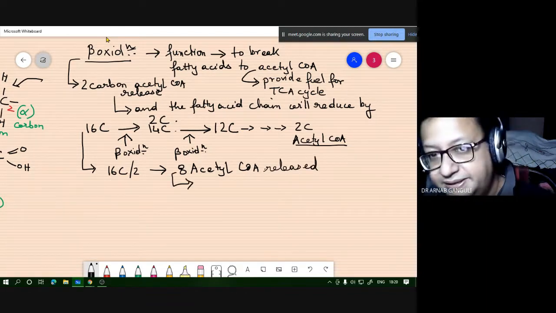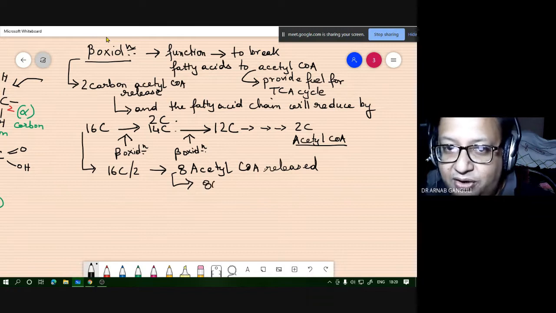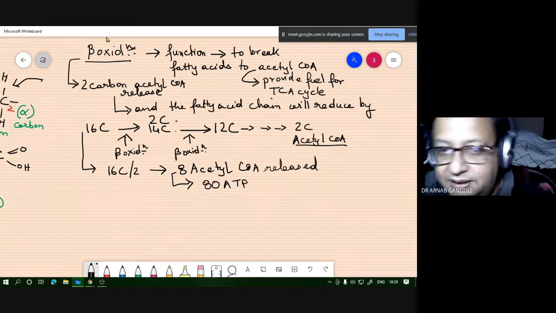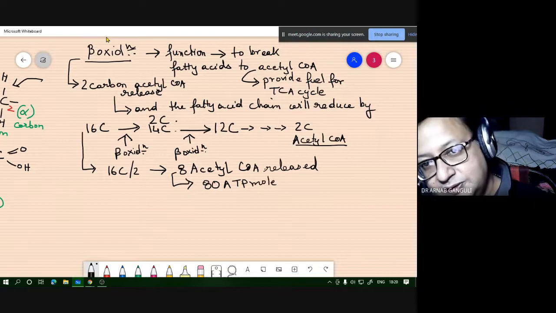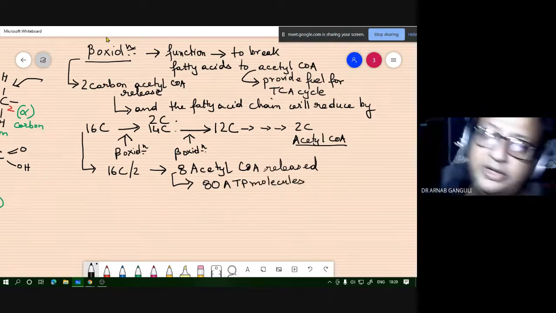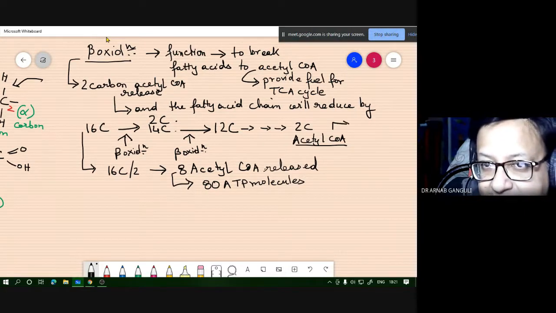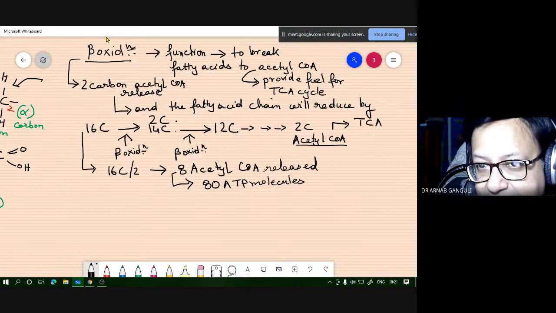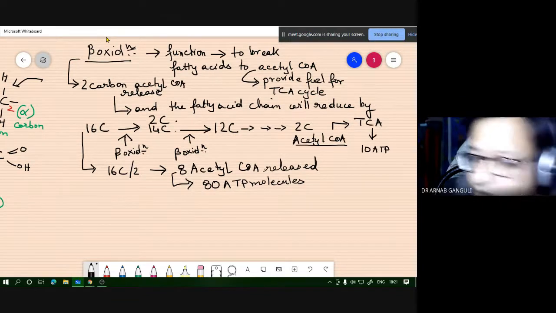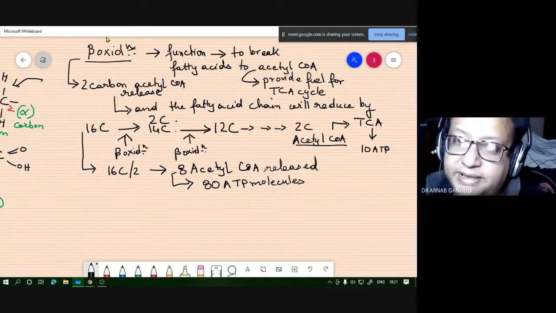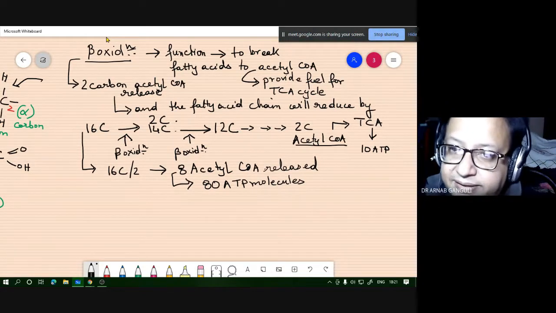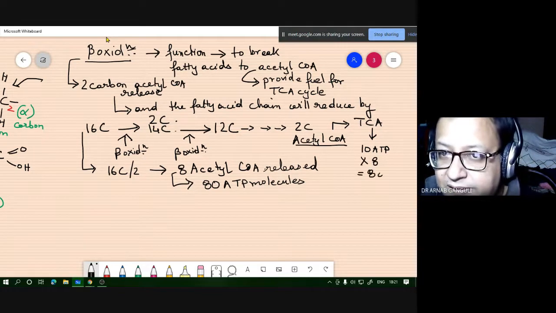And that means immediately you can account for 80 ATP molecules. Because each acetyl coenzyme A in the Krebs cycle releases 10 ATP molecules. So if there are 8 acetyl coenzyme A, you have 80 ATP.